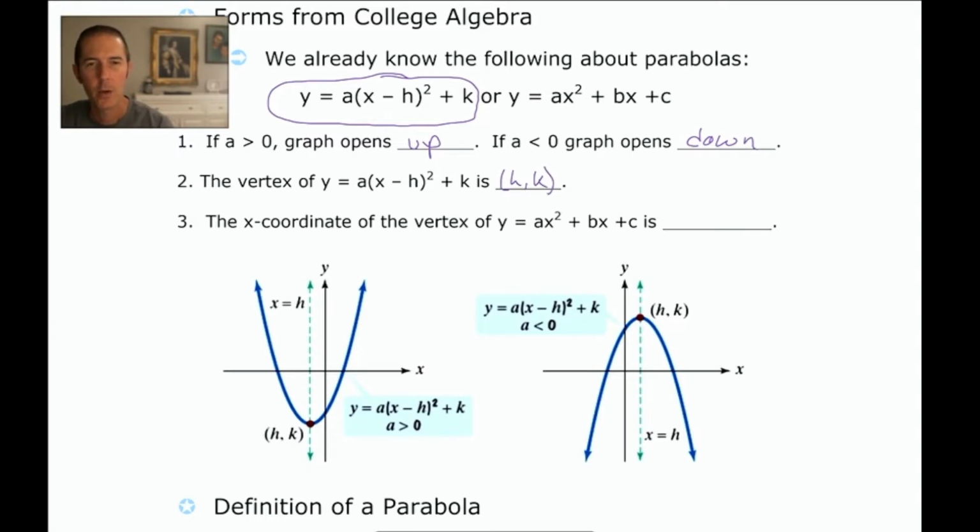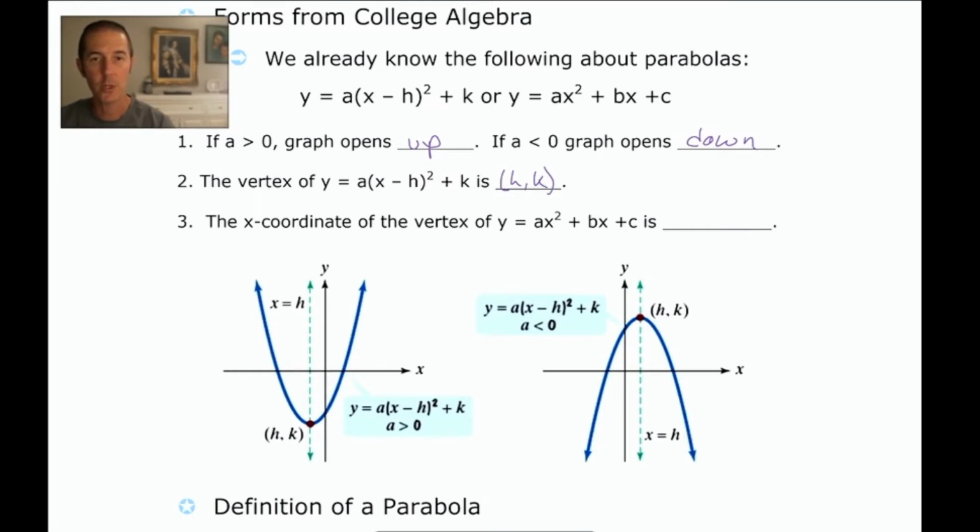And when the equation is written in that second format that you're seeing at the top right, that traditional quadratic equation setup, the process of finding the vertex is a little bit more involved. Okay, it's a lot more involved, but it's still pretty easy. It's a two-step process to find the coordinates of the vertex.